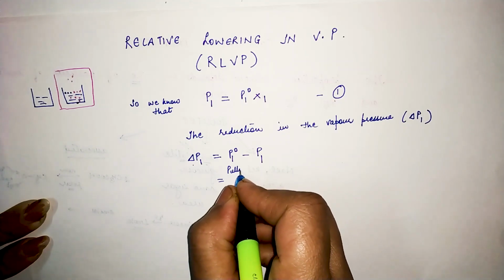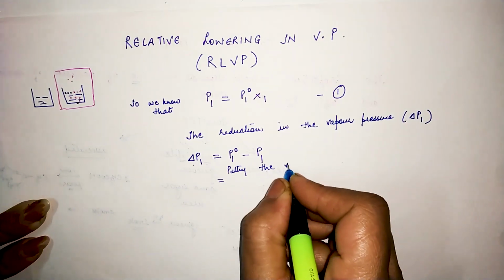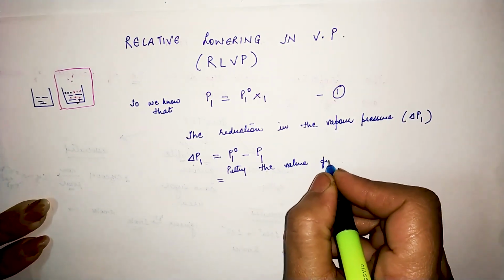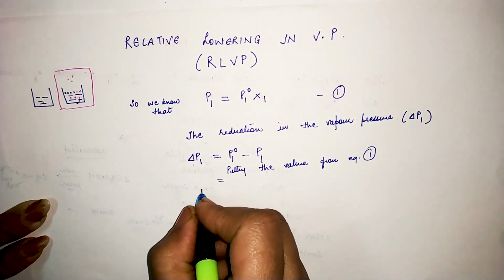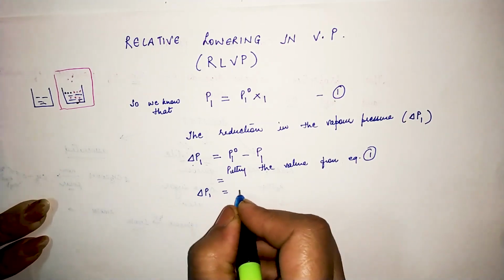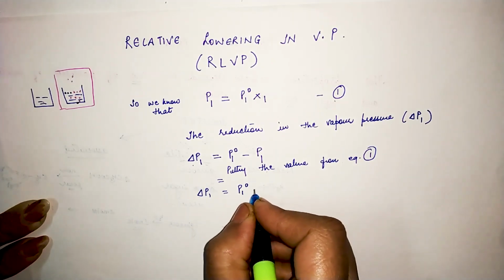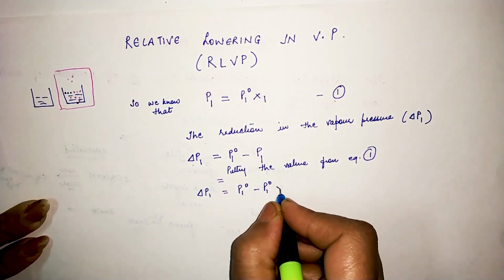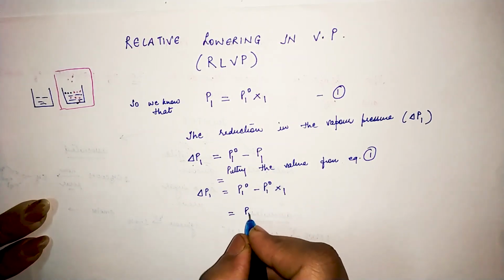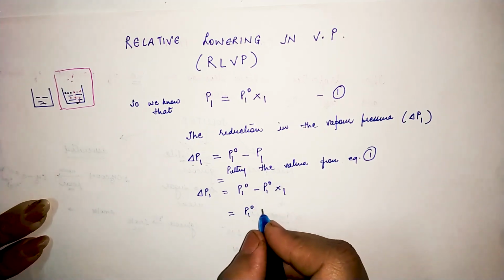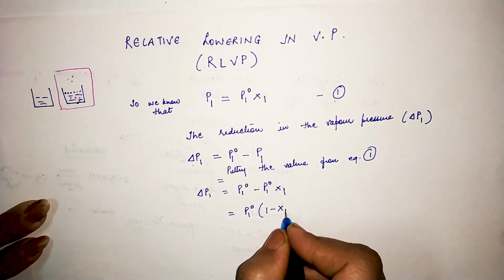I am writing here, putting the value from equation 1, delta P1 is equal to P1 naught minus P1 naught into X1. If I simplify it, I can write P1 naught common, 1 minus X1.